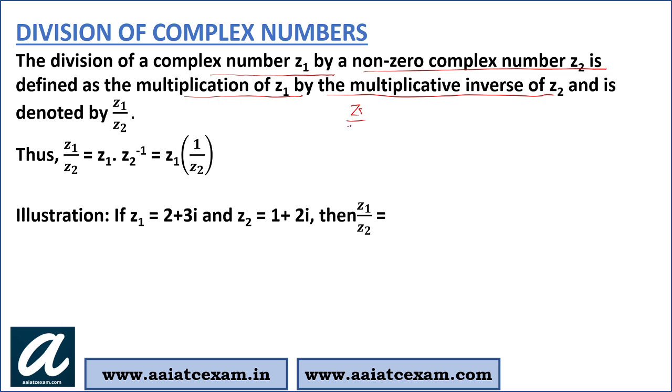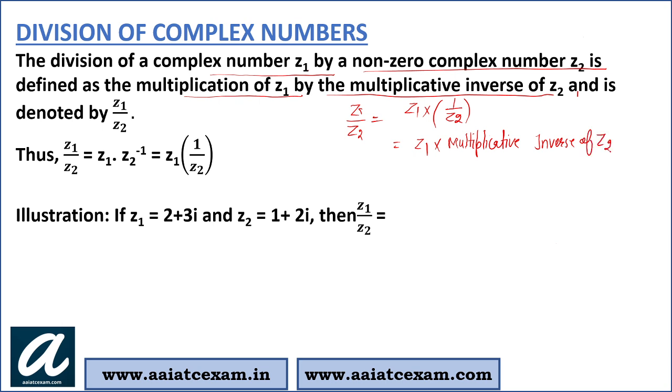Consider you're writing z1 by z2. This is nothing but z1 into 1 upon z2. So can I say z1 is that complex number, and I'm multiplying this number with 1 upon z2, that is the multiplicative inverse of z2.